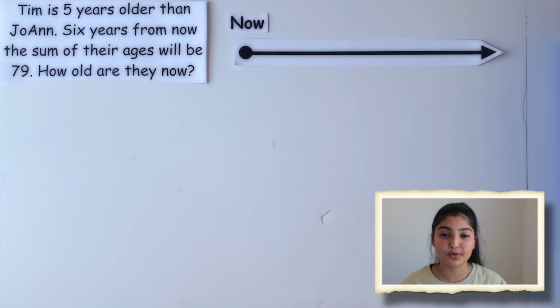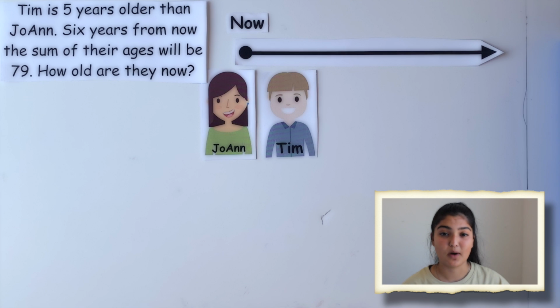So how old are Tim and JoAnn now? Well, we want to find out how old they are now, since this is what the problem is asking. So, let's assume their ages by using a variable.